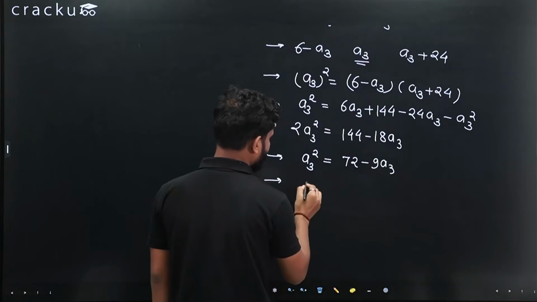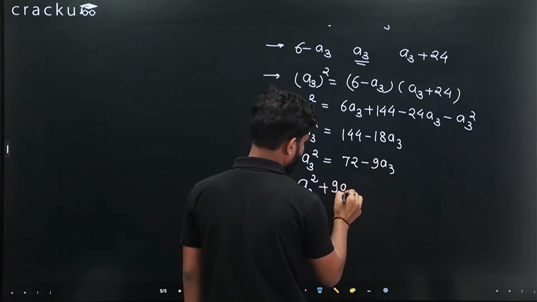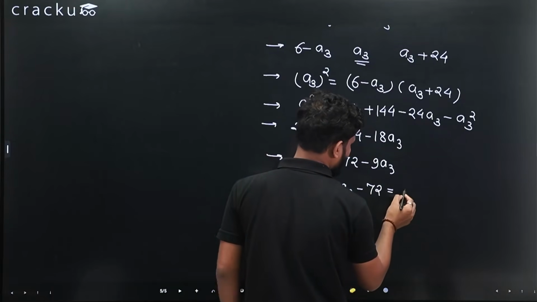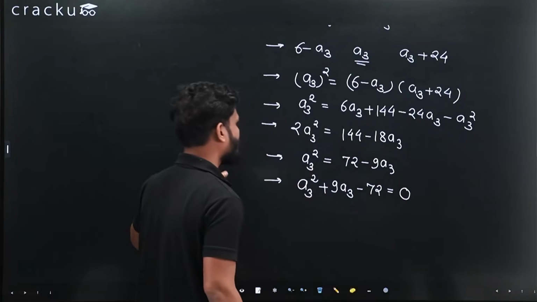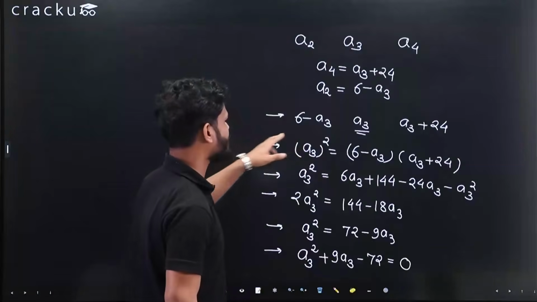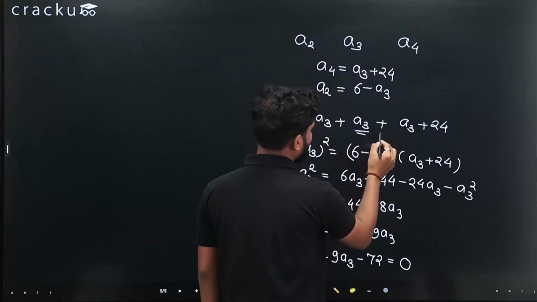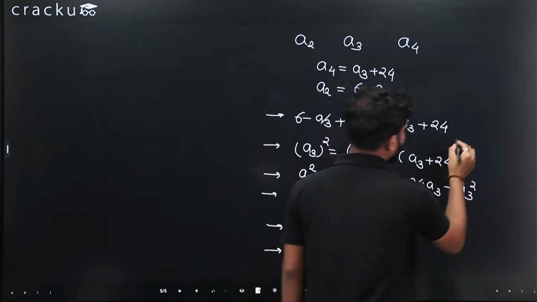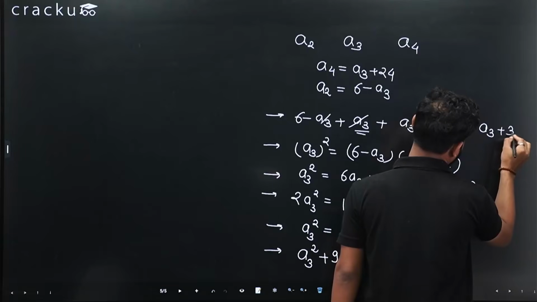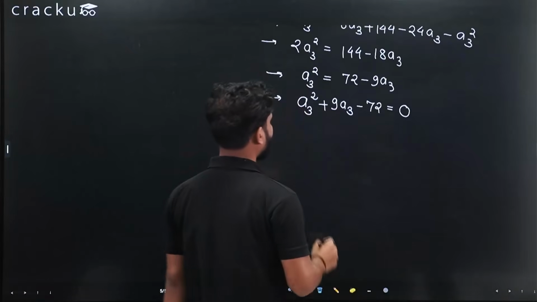From here what can I say? I can say A3 square plus 9A3 minus 72 is equal to 0. I need to find sum of second, third and the fourth term. So sum of second, third and the fourth term will be what? Sum of these three. From here this will get cancelled and this will give you A3 plus 30. Right? Now from here what I can write?